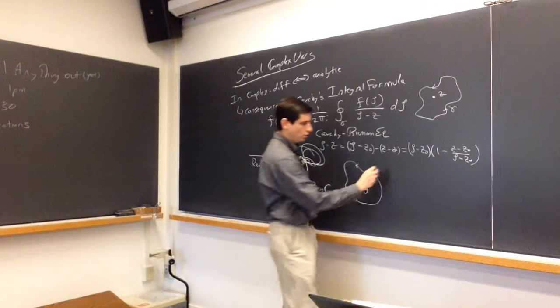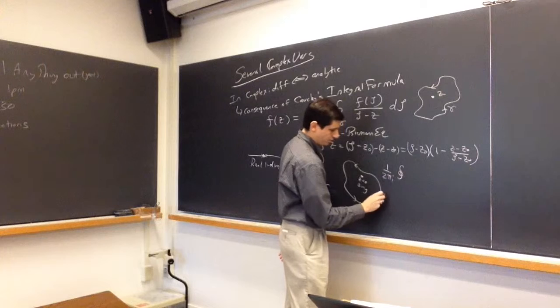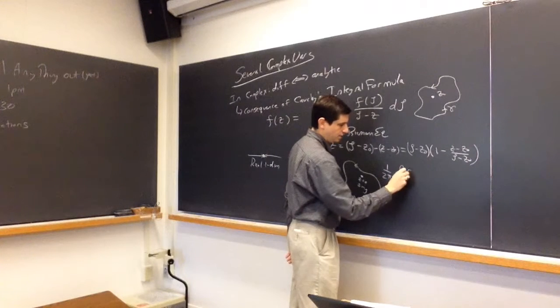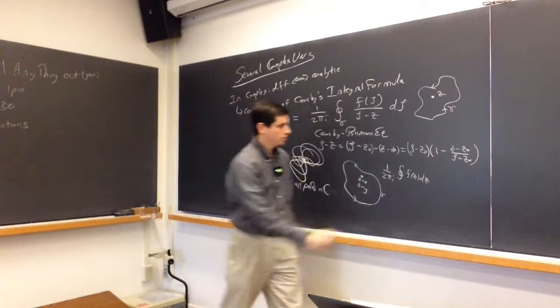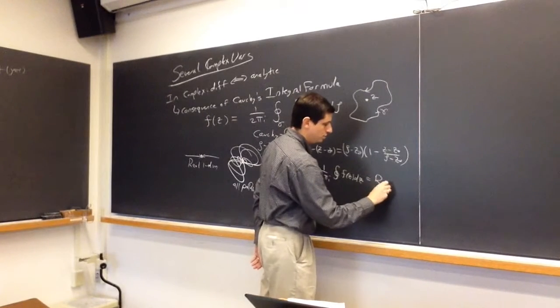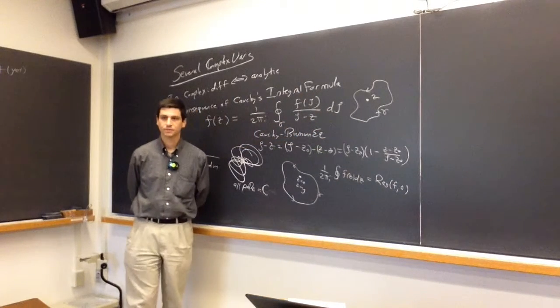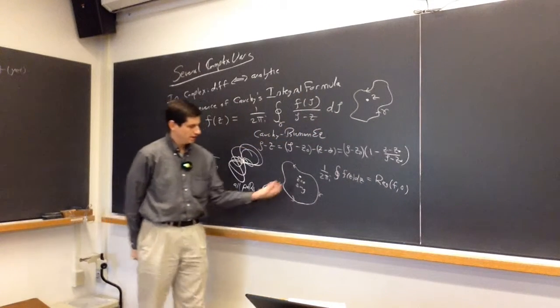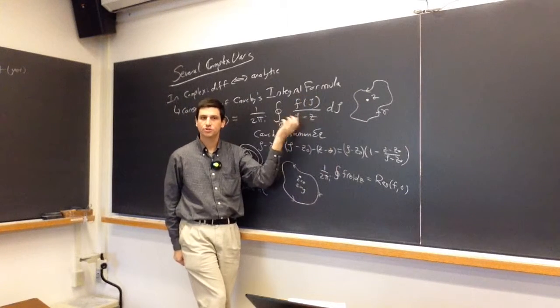If that's the only singularity, 1 over 2 pi i times the integral over gamma of f of z dz gives the residue. So we'll just get the residue of f at 0 in this case. In all of what's going on here, it's basically the function 1 over z that's controlling everything.